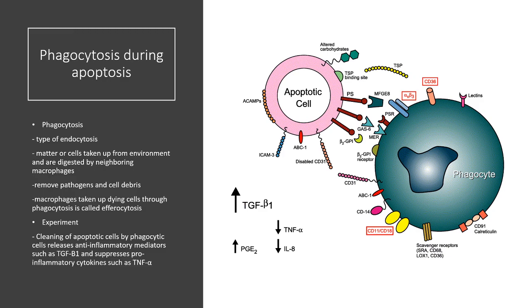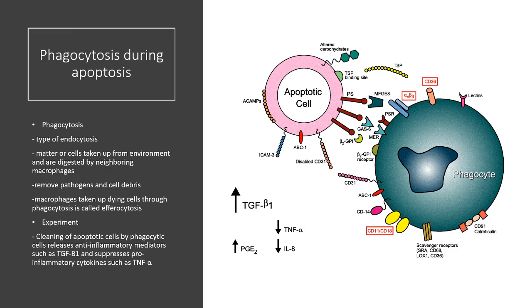They looked at the way that phagocytes recognize the apoptotic cells. They noticed that different receptors interact with their ligands on the apoptotic cells, as you can see from the figure. Some examples of these receptors are B2 GPI receptor, MER, and PSR.